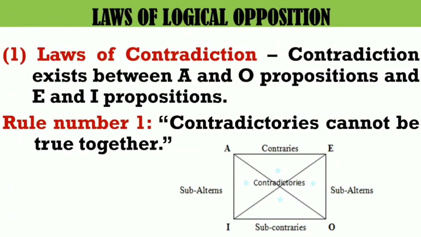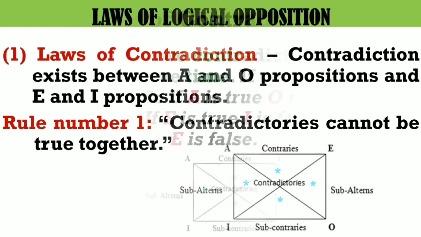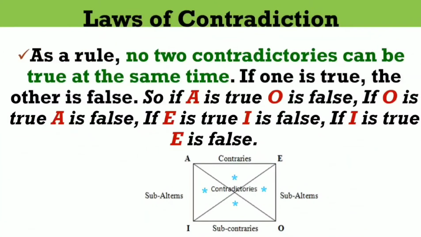First is the laws of contradiction. Contradiction exists between A and O propositions, and E and I propositions. Rule number 1: contradictories cannot be true together. As a rule, no two contradictories can be true at the same time.